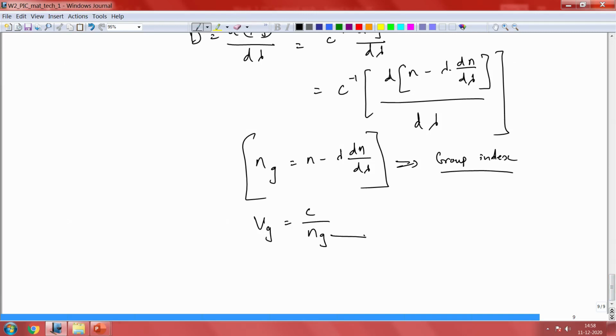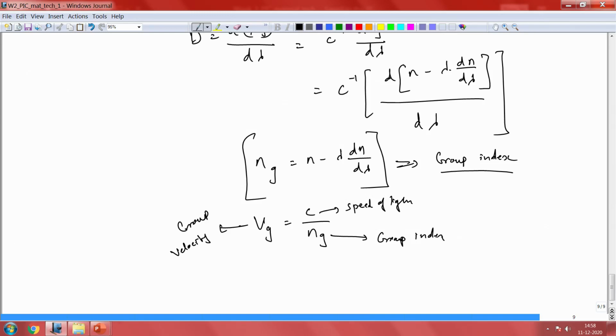So, this is our group index and this is our group velocity, and c is our speed of light. So, now we have converted from a single frequency propagation to a group of waves that are propagating through a system, right.